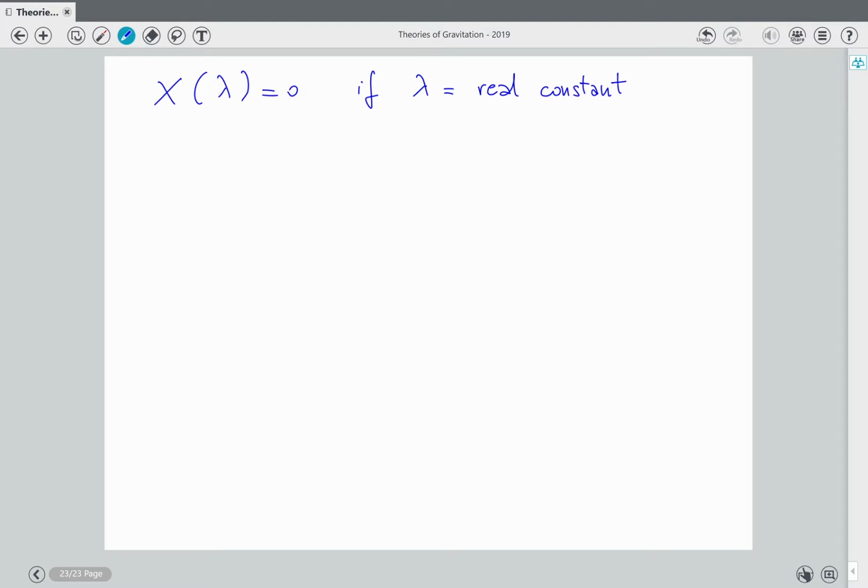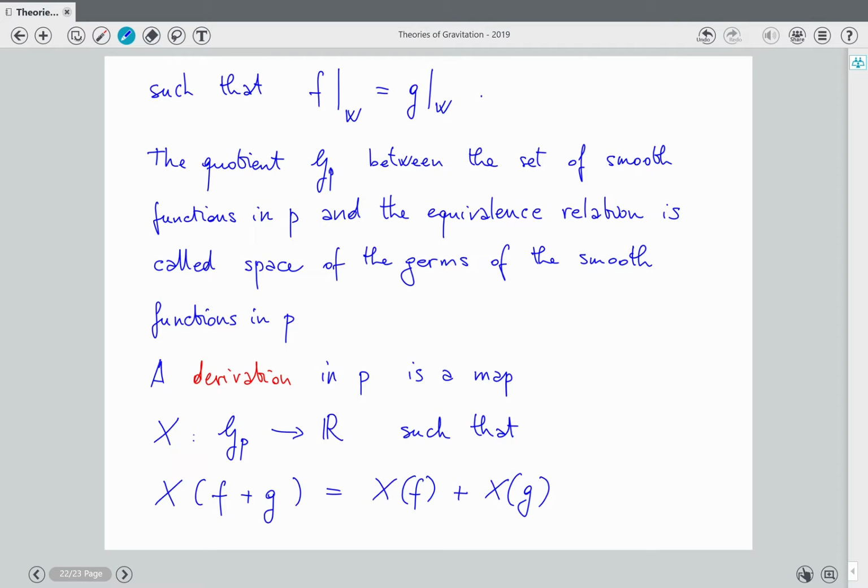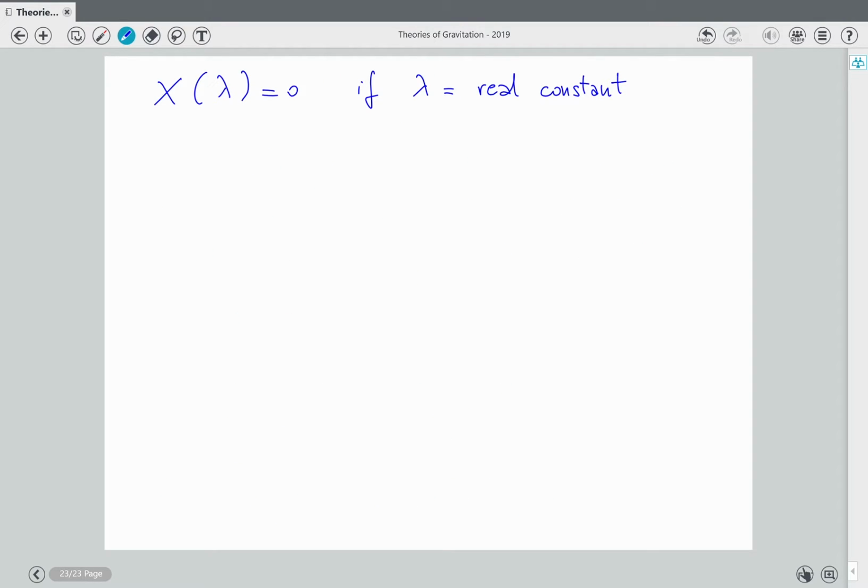And then, since these are called derivations, you have the Leibniz rule, because functions can be multiplied. So X of f times g is f times X of g plus X of f times g. And everything is required to hold in P. So this is a derivation in P.